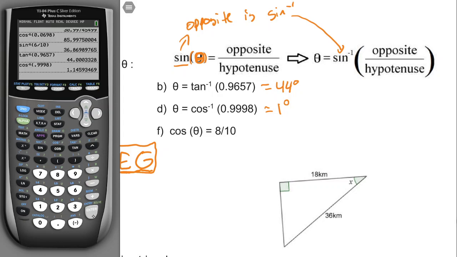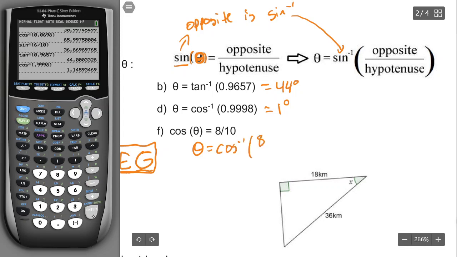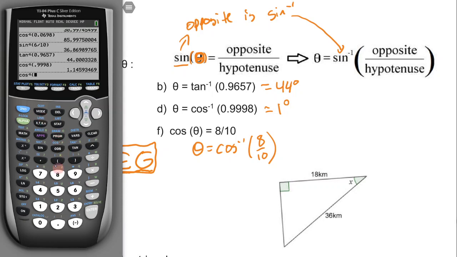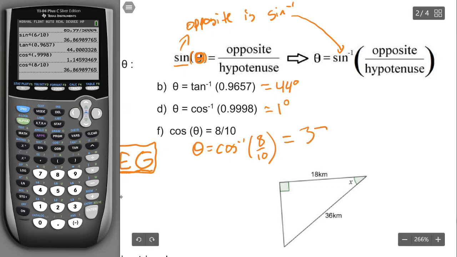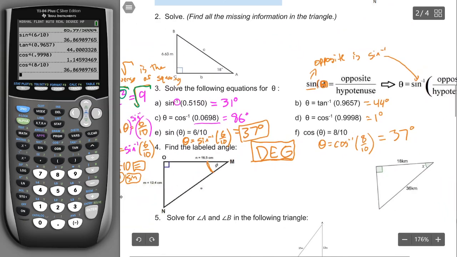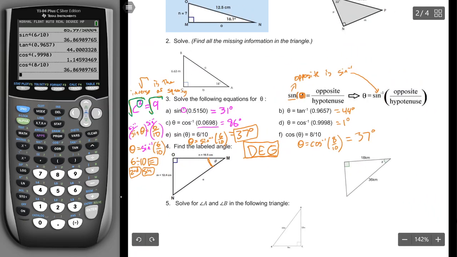And then for this one, we're going to have to cos inverse our right-hand side. So hopefully you figured that out, because the opposite of sine is sine inverse. The inverse of cos is cos inverse. So we do second cos, 8 divided by 10, and we get 37 degrees. All right, so that is how you use the button in your calculator.